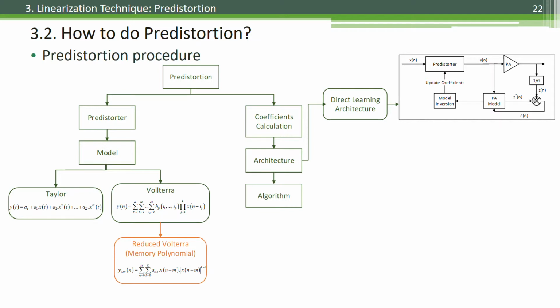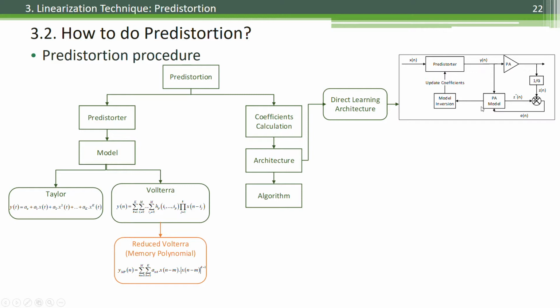And when it comes to calculating coefficients, we need an adaptive architecture. First, the direct learning architecture. In this kind of architecture, the PA model is identified first by using the y(n) signal as input and z(n) as output. And then the function of the predistorter is built by inverting the PA model.